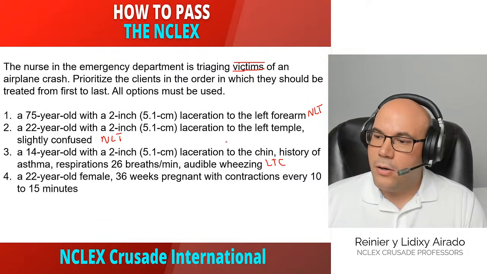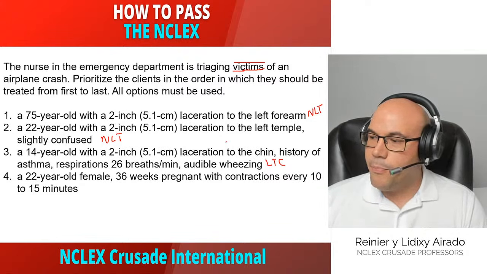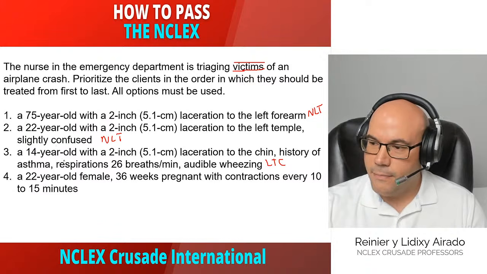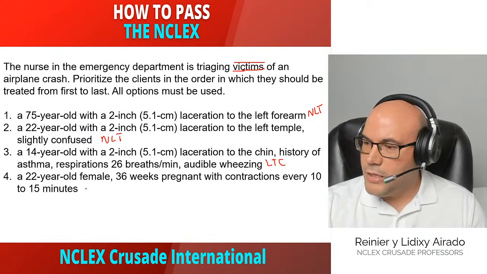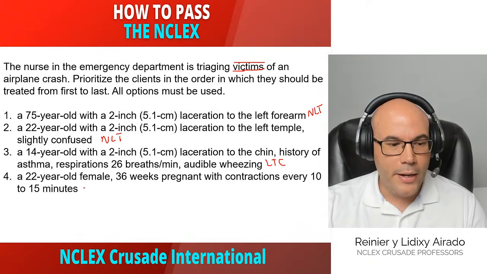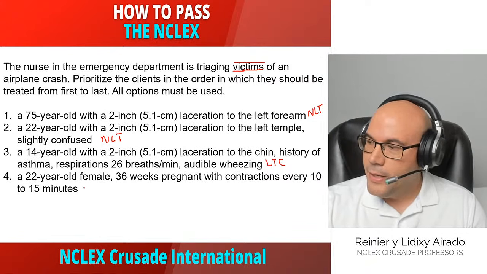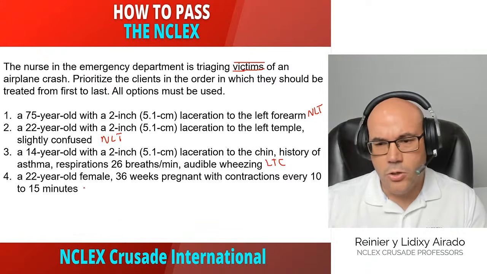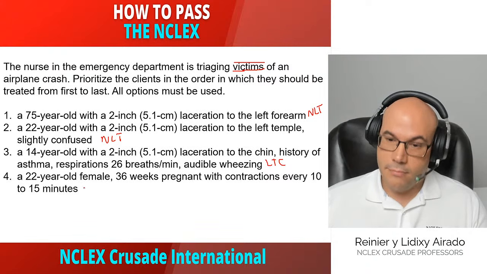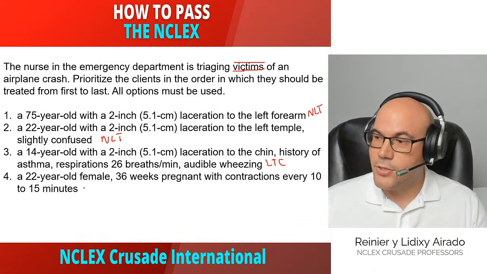Answer number 4, 22-year-old female, 36 weeks pregnant with contractions every 10 to 15 minutes. So this patient looks like probably going into labor. The contractions are still quite apart, 10 to 15 minutes, but this patient has contractions.